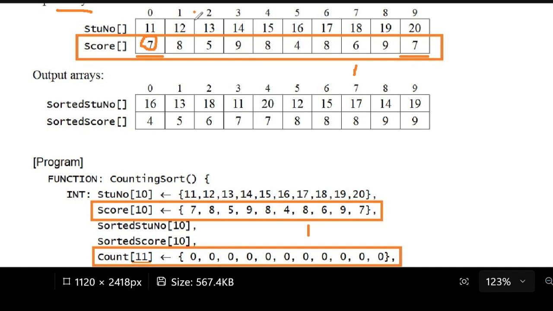And we go to the next one, score. If the container 1 for score is opened, we find 8 as the value, then count. We go to the 8th container of count and we add a 1.